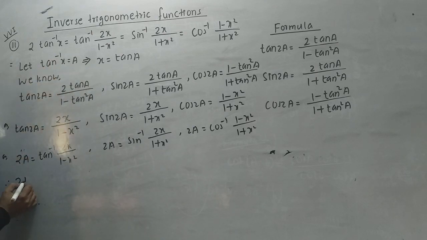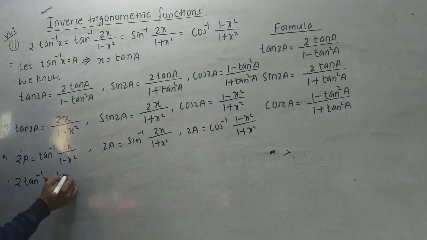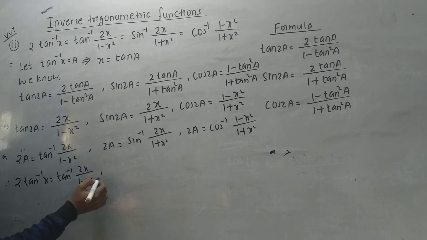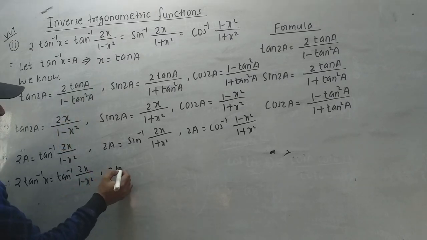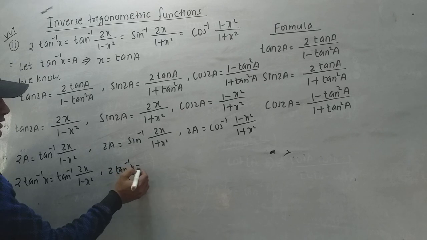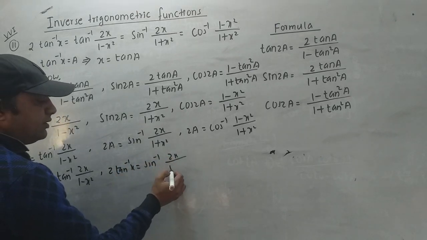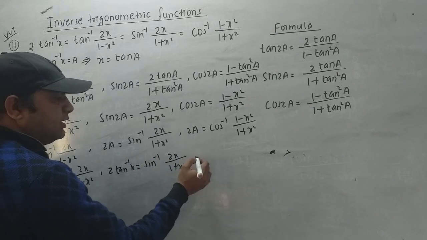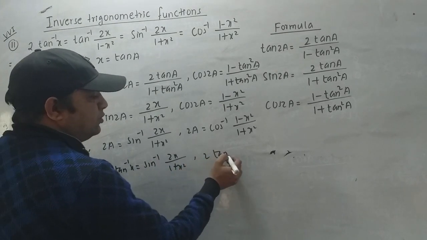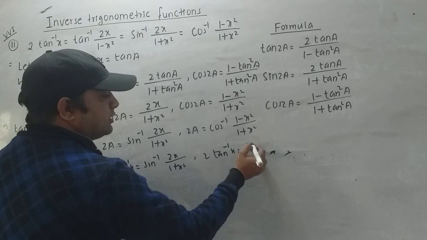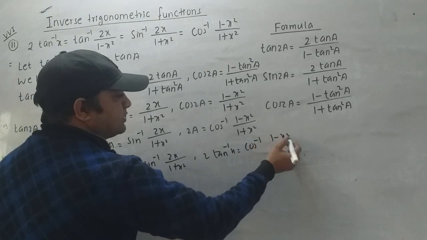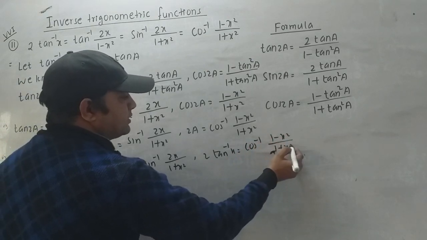Therefore 2 tan inverse x equals tan inverse of 2x whole divided by 1 minus x square. Here you can write 2 tan inverse x equals sin inverse of 2x by 1 plus x square. Here also 2 tan inverse x equals cos inverse of 1 minus x square by 1 plus x square.